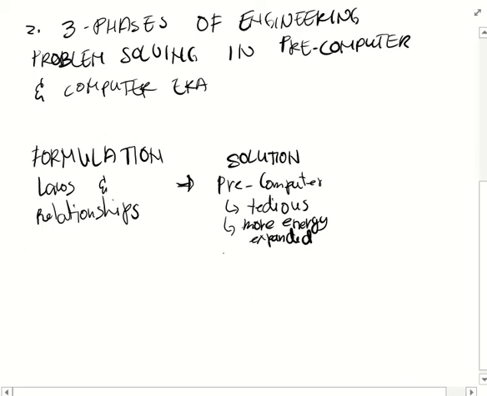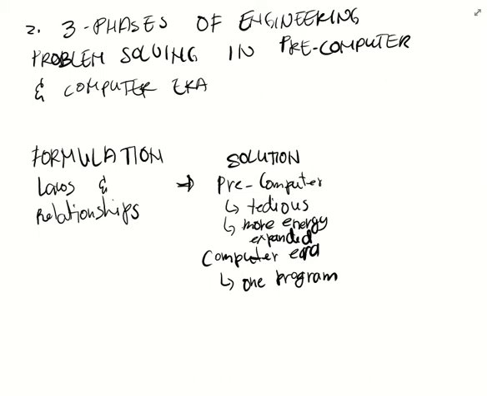While in the computer era, it's now different. In the computer era, we only use one program to solve our problems. We can use pre-packaged program applications to solve some complicated problems.